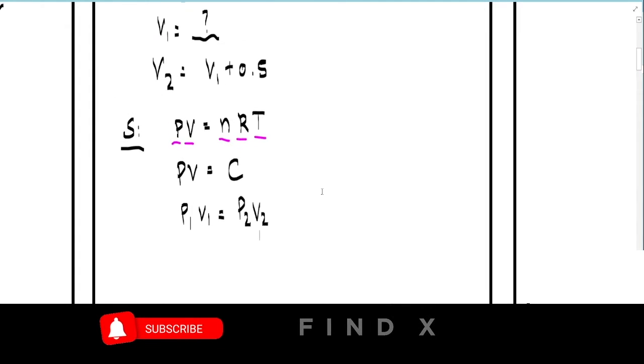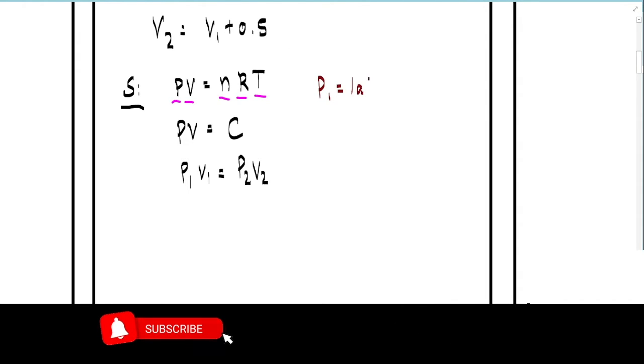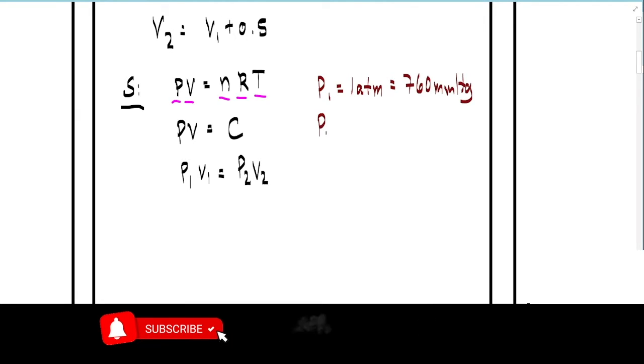And then all you have to do is substitute the values that we got. But first of all, as you can see, we have P1 equal to 1 atmosphere, and P2 is 500 millimeter mercury. And 1 atmosphere is also equal to 760 millimeter mercury. So you have to change the units to make them consistent.